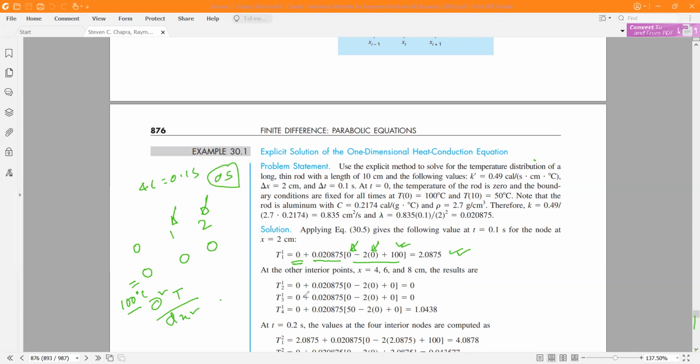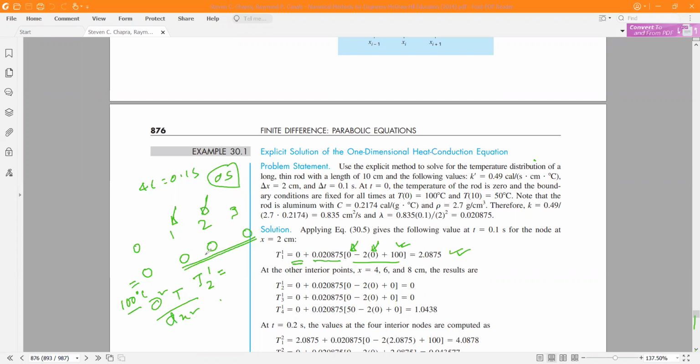Once your T1 is available, we can go to the next point. Next point is 3. We have to calculate the temperature at time T equal to 0.01 second, and that will need these 3 points, all of which are in the previous time at 0 second.